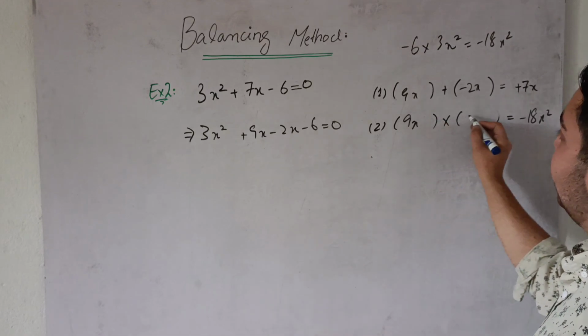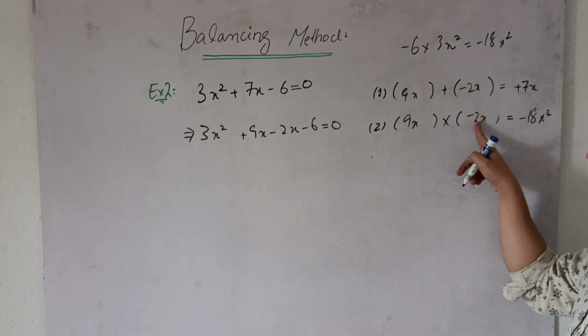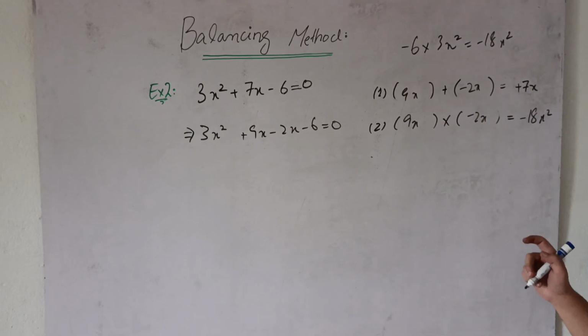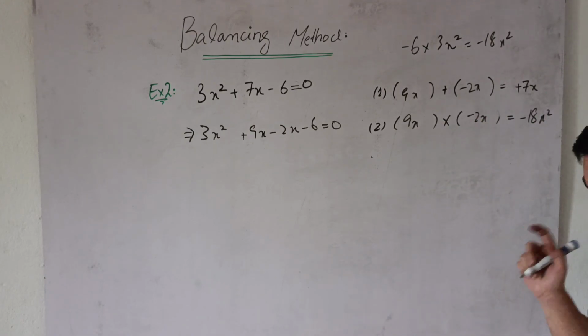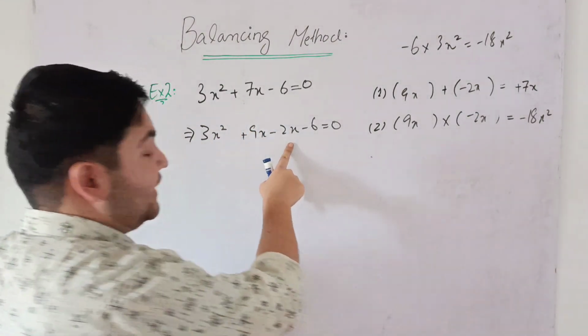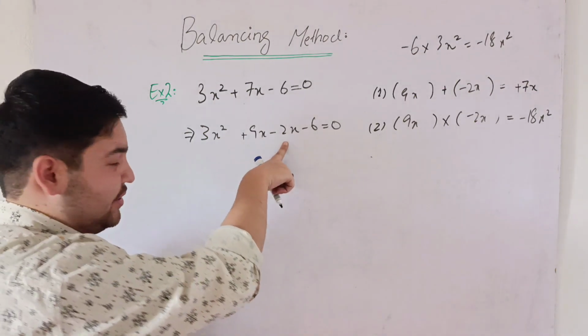If we multiply these two terms, we get minus 18x square, since 9 multiplied by 2 is 18. So we are splitting the term correctly, that is 9x minus 2x.